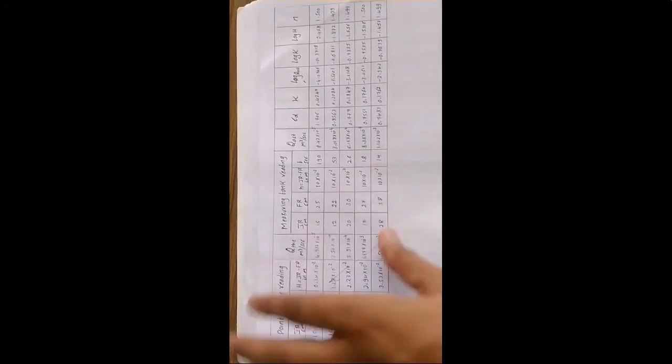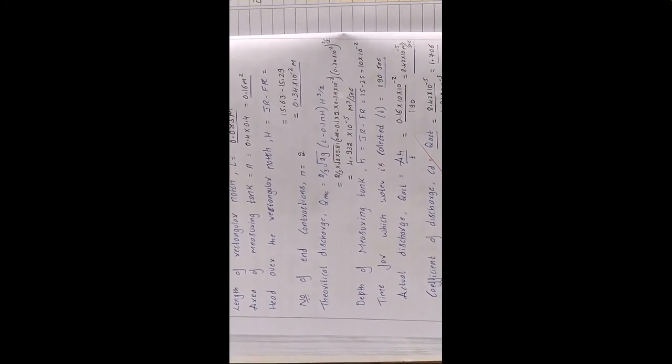Here we use the Q theoretical discharge formula: theoretical discharge is given by 2 by 3 root 2g into (L minus 0.1 n h) into h to the power of 3 by 2, wherein h is the head over the notch. In general, I explained the discharge expression as 2 by 3 root 2g L into h to the power of 3 by 2.